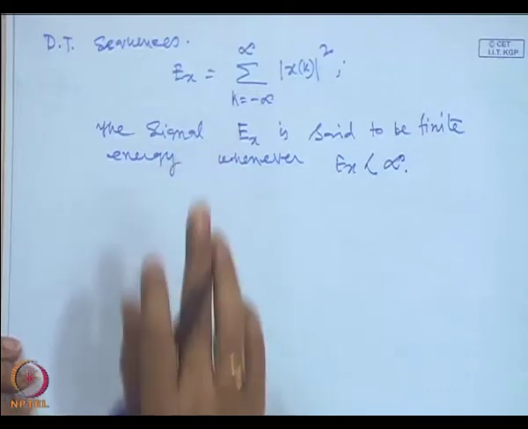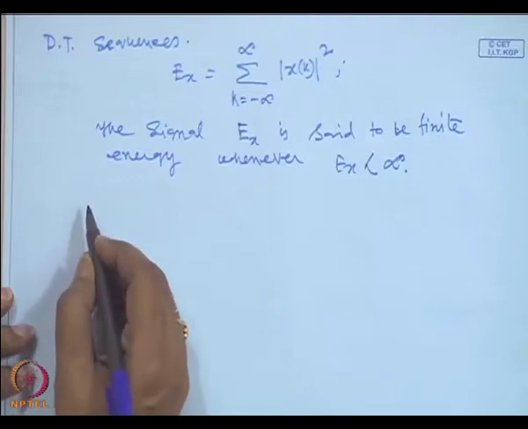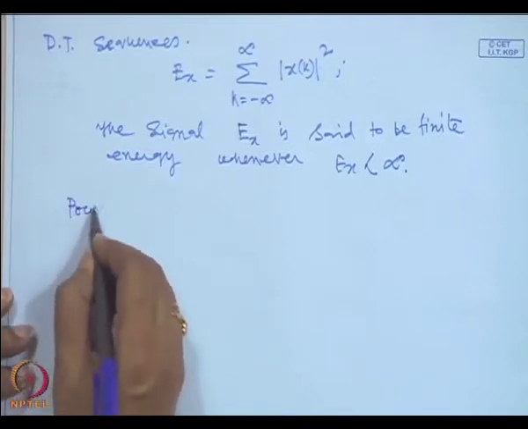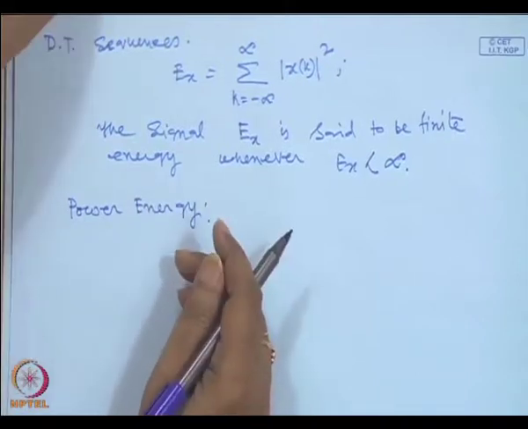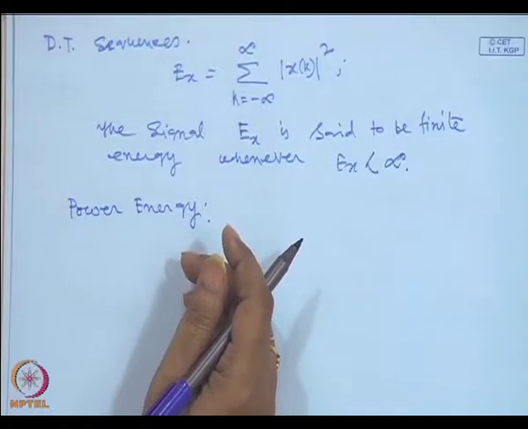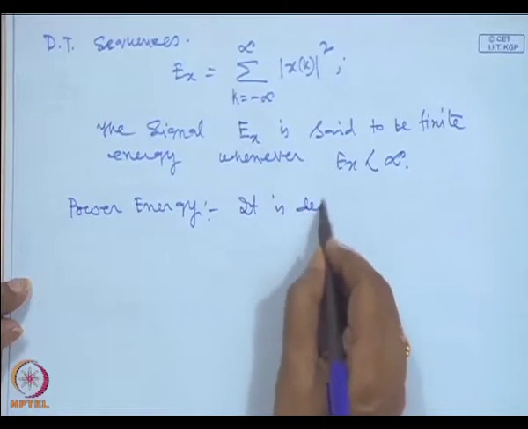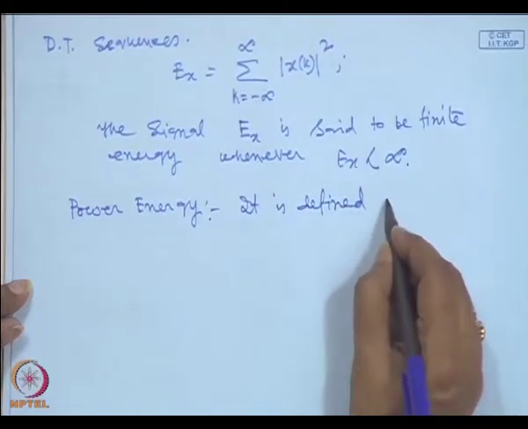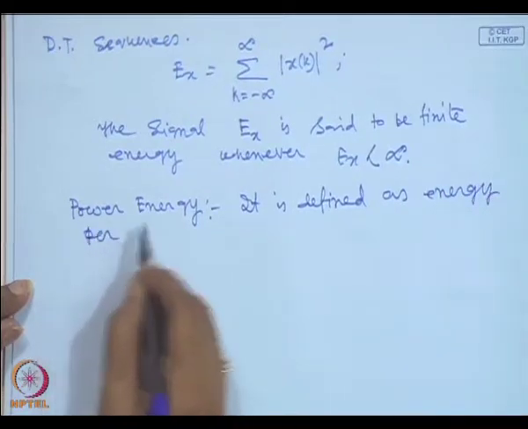If it is not true, that means x does not tend to 0 as t tends to infinity, then we cannot express the signal as an energy signal. So, we have to give a meaningful definition of power. The definition of power is energy per unit time.